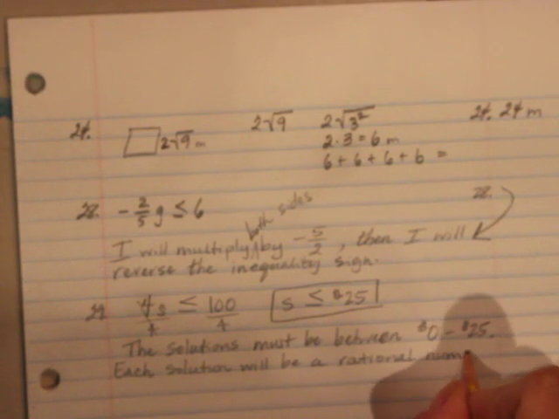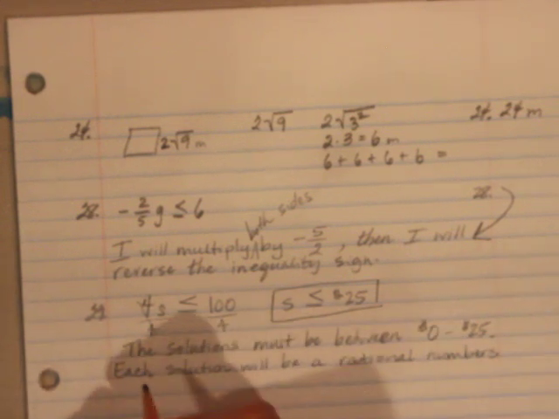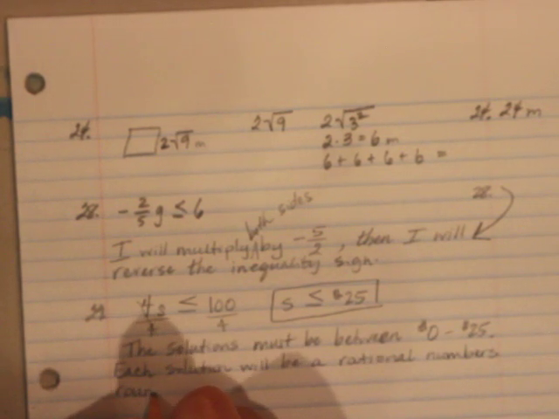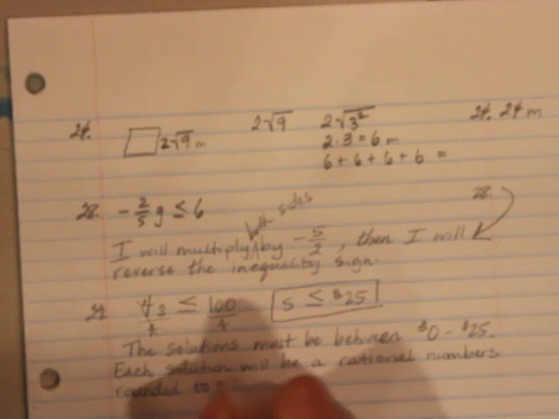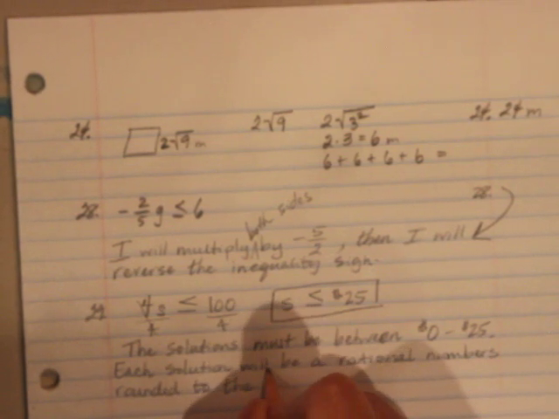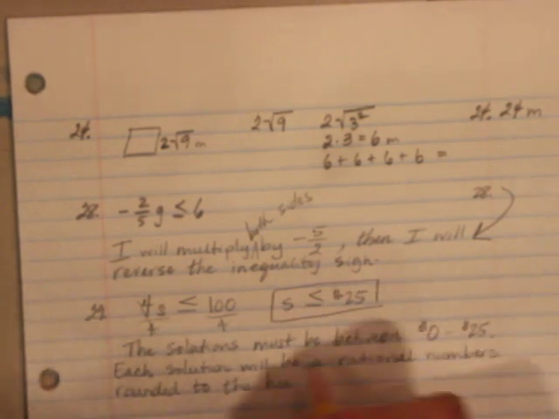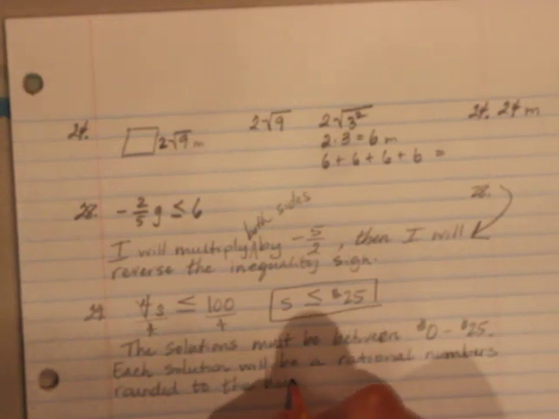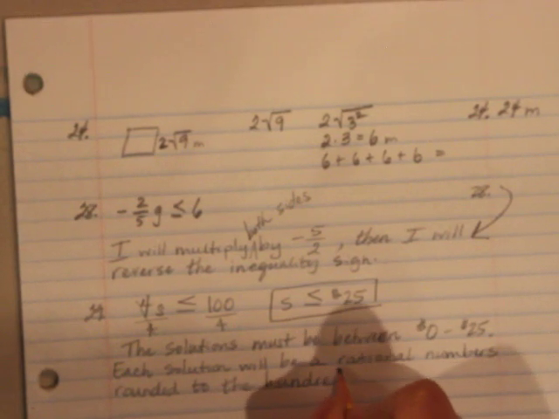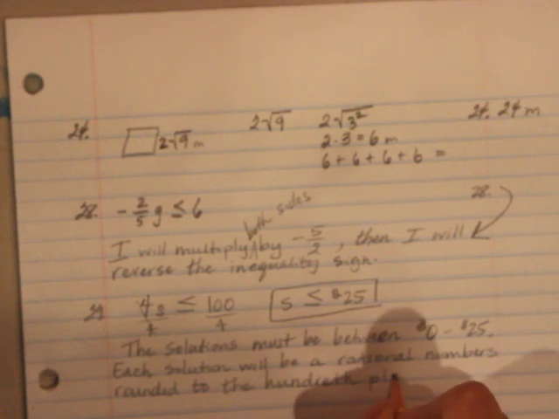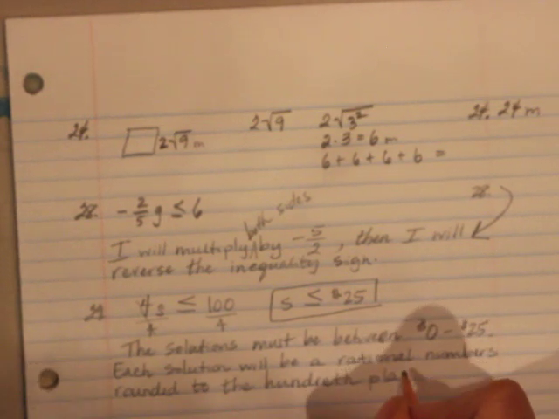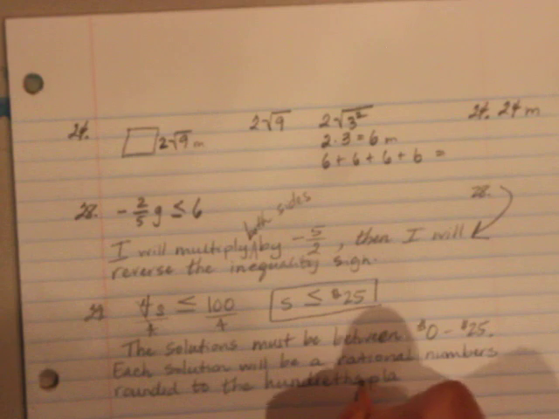Rational numbers rounded to the hundredths place, because that's how money works. We don't have anything less than a penny, right? Which is 1/100th of a dollar. So it's got to be rounded to the hundredths place.